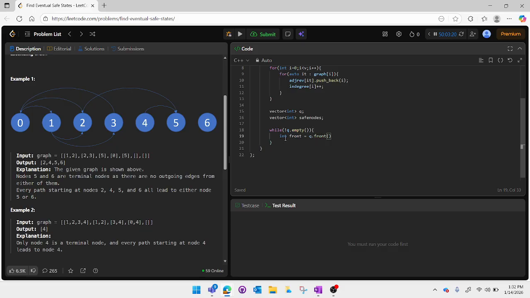Now, first I need to push all those nodes with 0 in degree in a queue data structure.